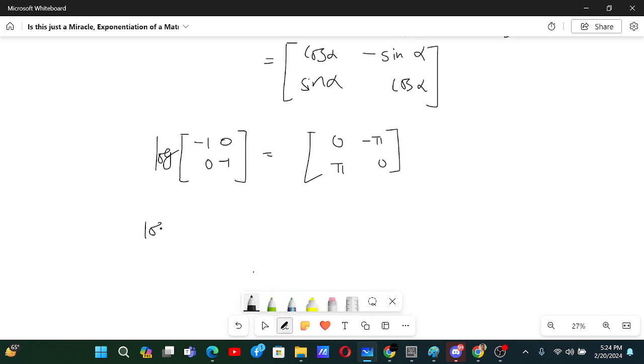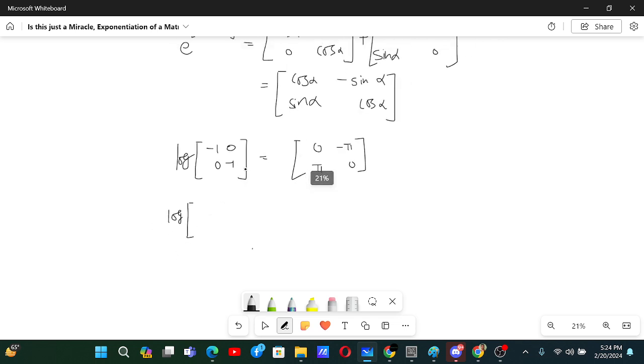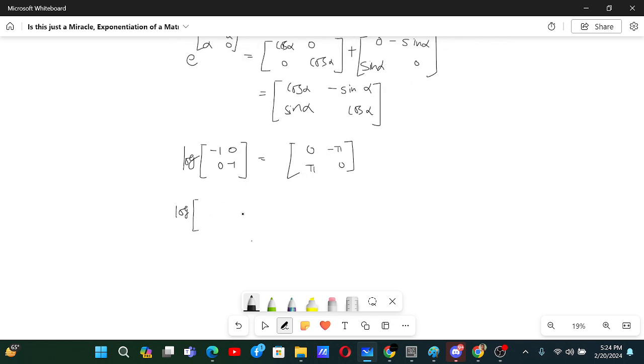Similarly, if I take log of the imaginary number matrix 0 minus 1 1 0, you don't need to go over all the calculations. We know that this is just i. And we know that the principal value for i is e to the power i pi by 2, so log of i is i pi by 2.